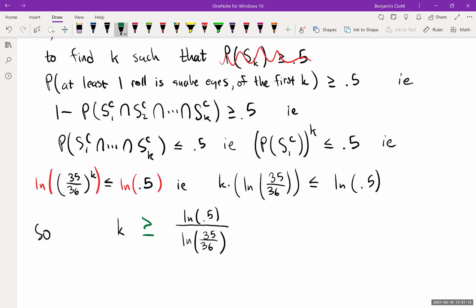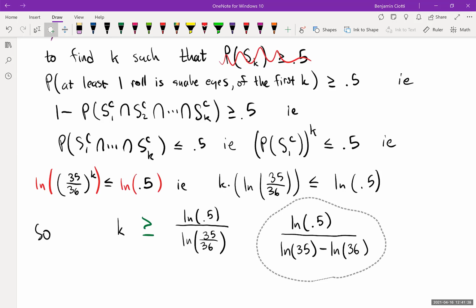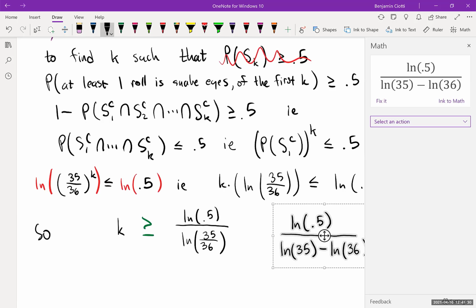And there's our answer. Let's see, what the heck is that? Ln of 0.5 over, I could write it as ln of 35 minus ln of 36, is 24.6.